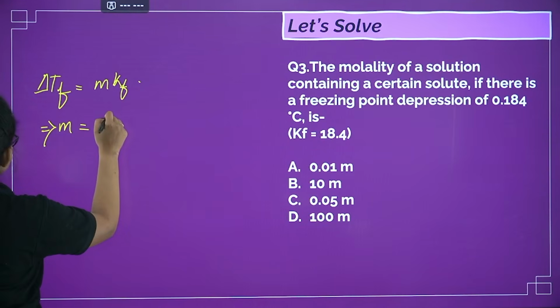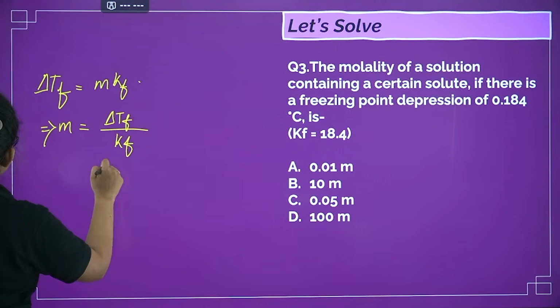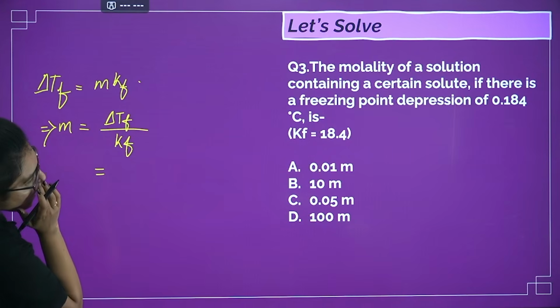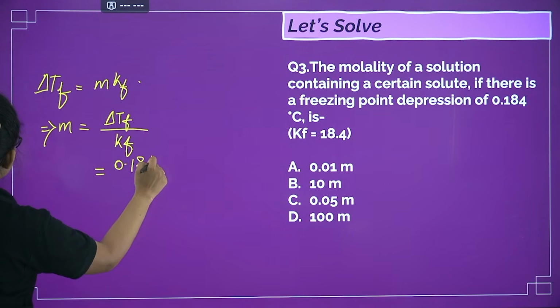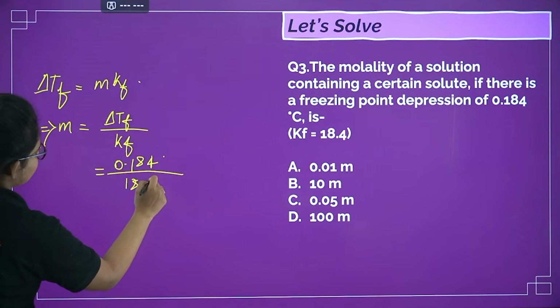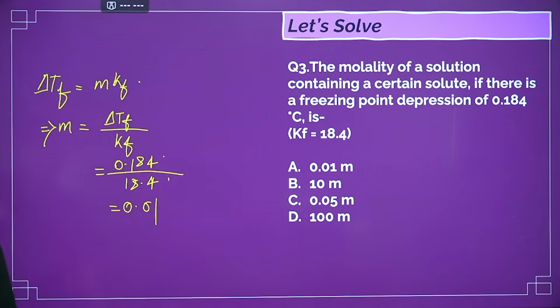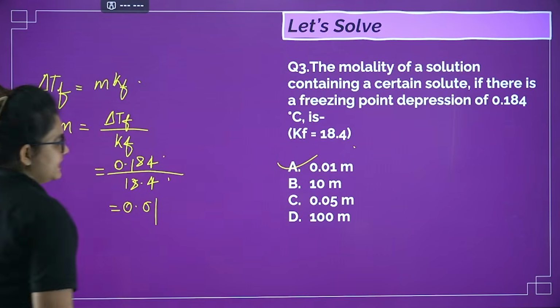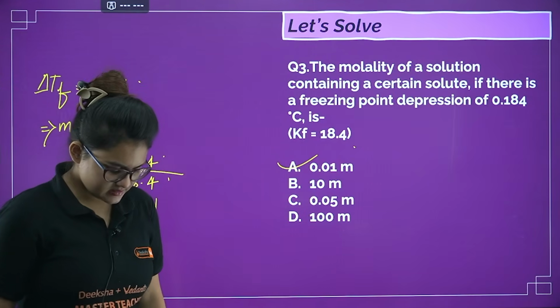So m is basically delta Tf divided by Kf. Let's put in the values: 0.184 divided by 18.4. From here I will get 0.01. So A is the correct answer. I guess it's clear to you. Let's proceed further.